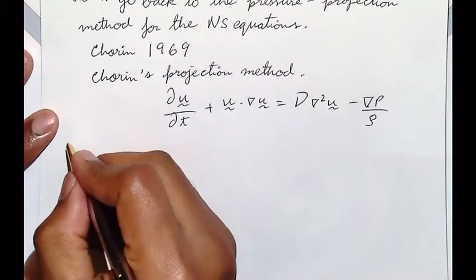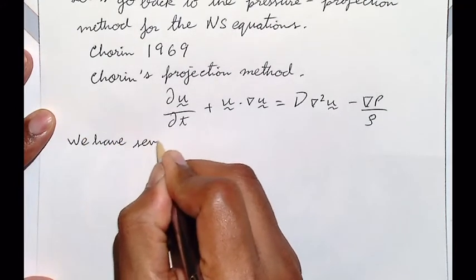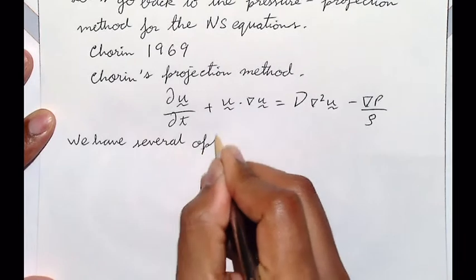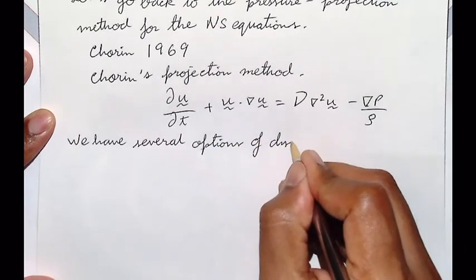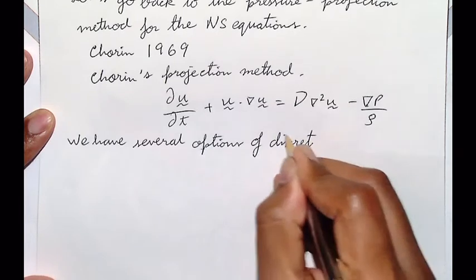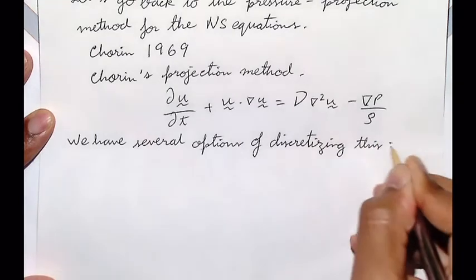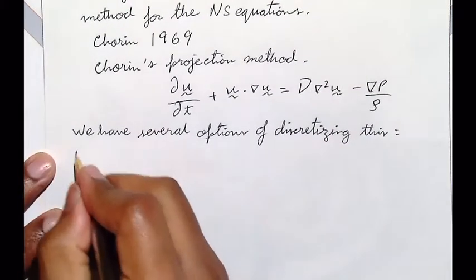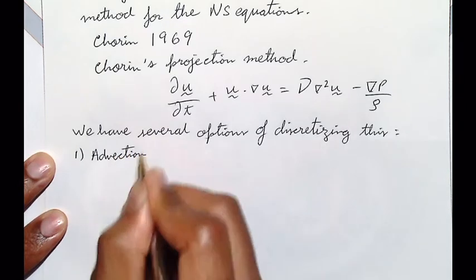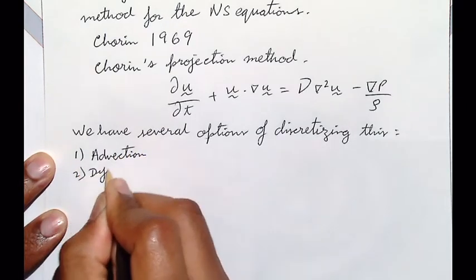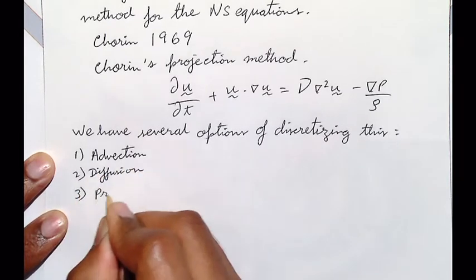So we have several options of discretizing this equation. One is to do advection, then do diffusion, then do pressure projection.